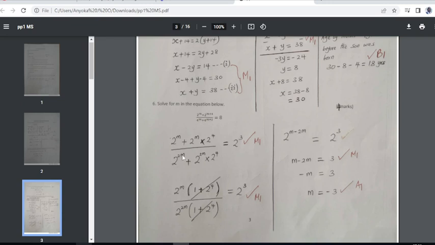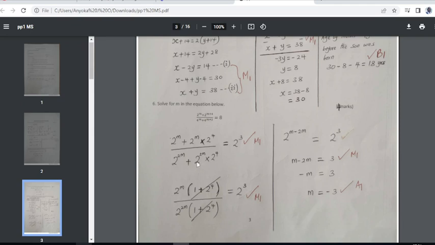This 2 to power m plus 4 is 2 to power m times 2 to power 4. Then if you analyze well, there is some sign of similarity. 2 to power m, 2 to power 2m are common.